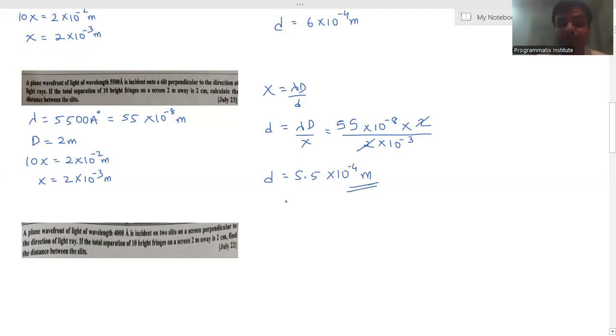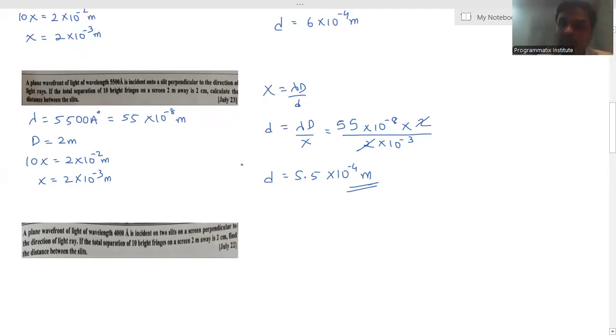Very, very easy questions. You might have noticed that I'm always writing proper given conditions. You might have noticed that I'm not substituting the values directly into the formula. First, I'm writing the formula, then the thing to find. I'm getting that thing to find on the left hand side first, and then I'm resubstituting the values.